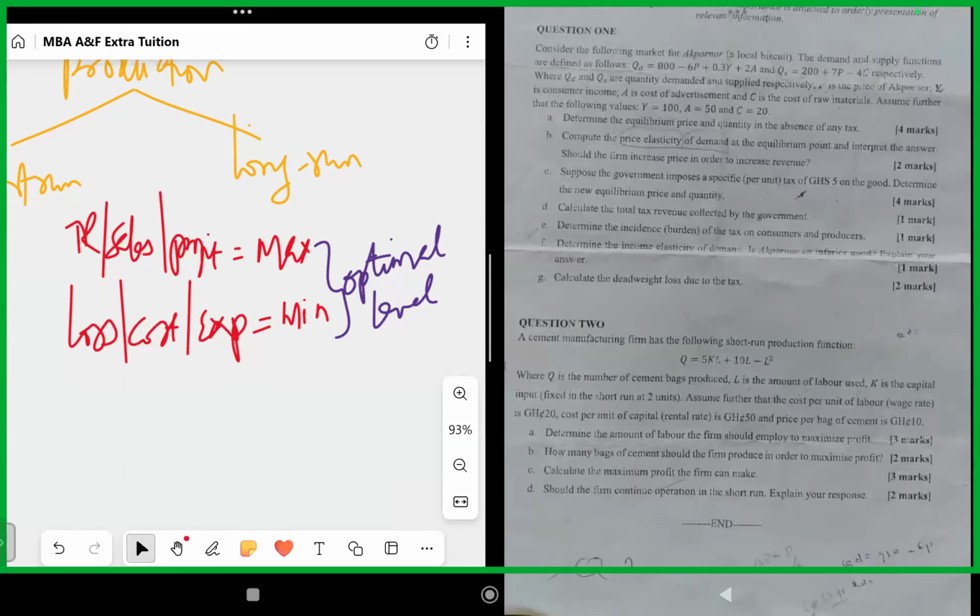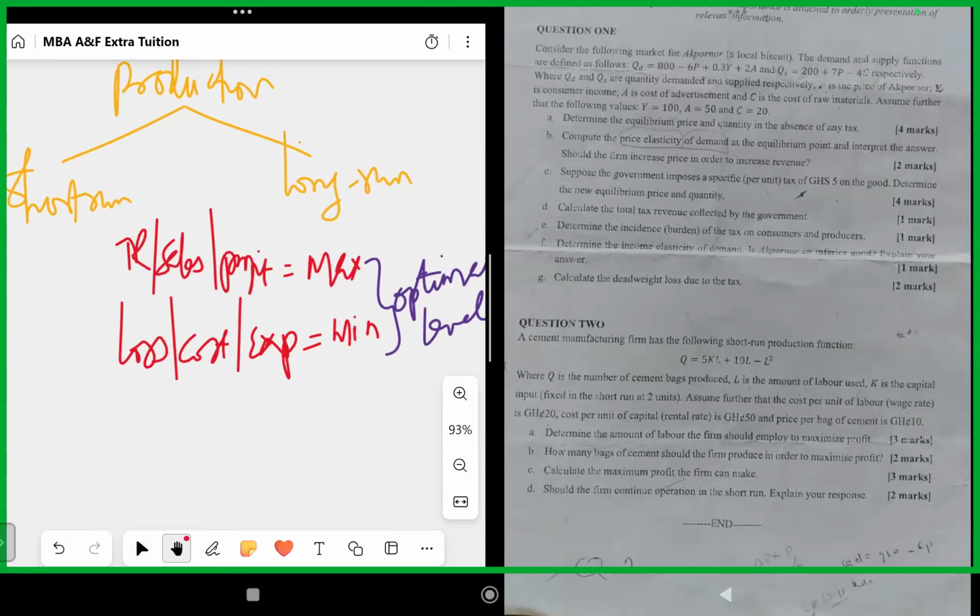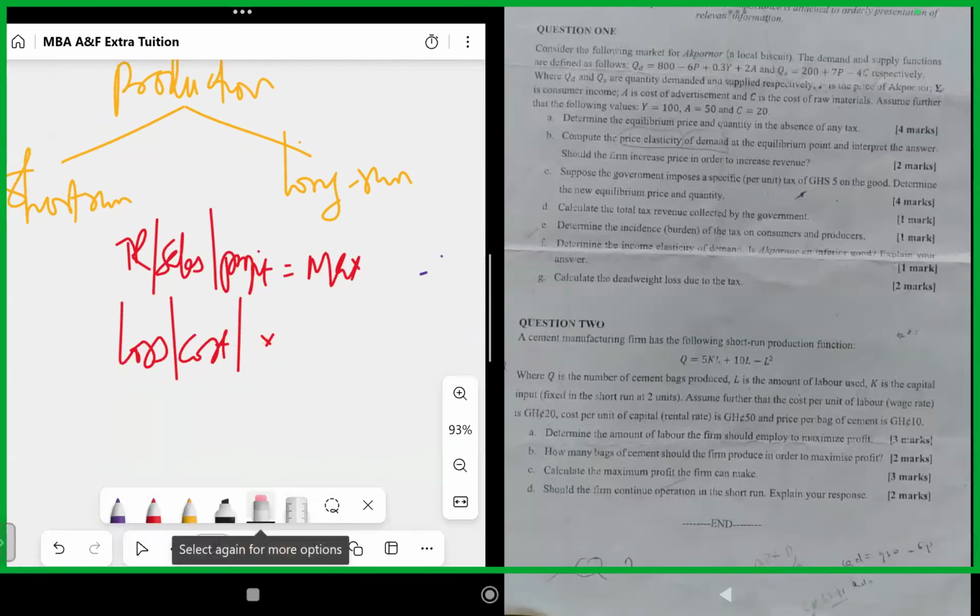In all the cases, the business wants to achieve the optimal level. If it is revenue, sales, or profit, the optimal level is the maximum. If it is loss, cost, or expenses, the optimal level is to incur all these at minimum. All right, so don't forget them. Now, let me clear them here.